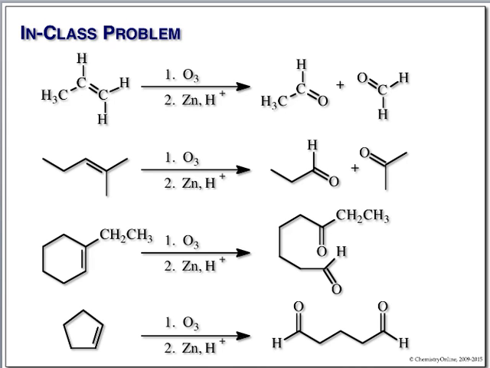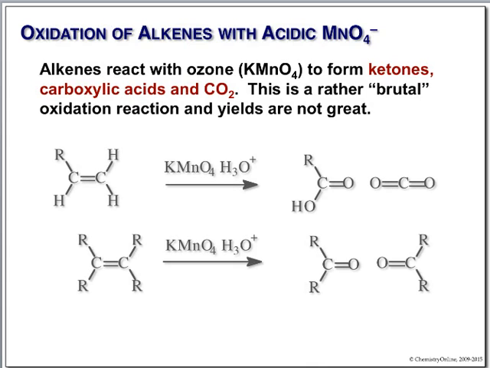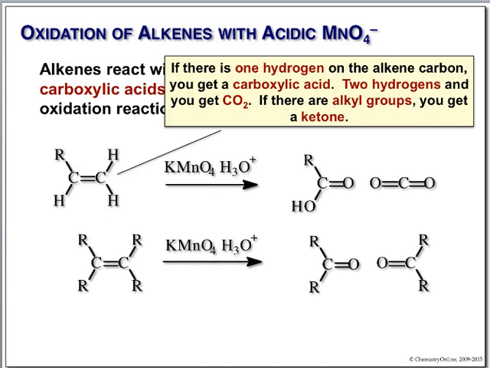So instead of using very mild ozonolysis with reduction, if you use something stronger, like acidic permanganate, we're going to do the same basic reaction. We're going to split our bond, but any time that you would make an aldehyde, it will be converted to a carboxylic acid.